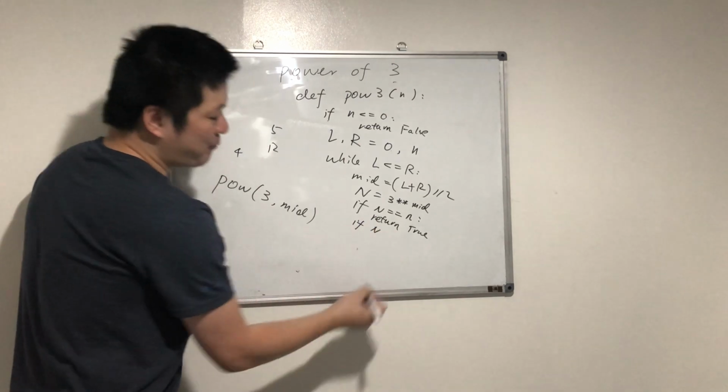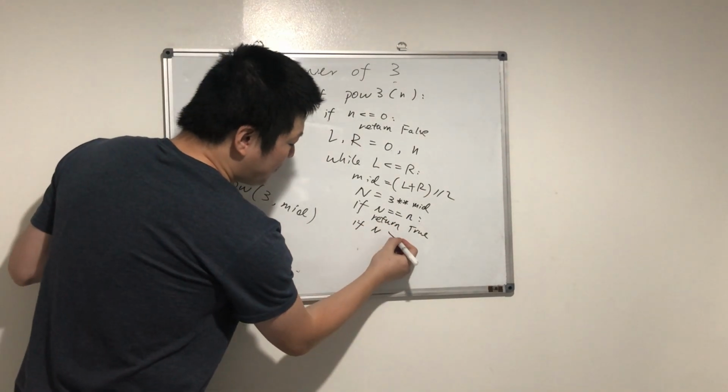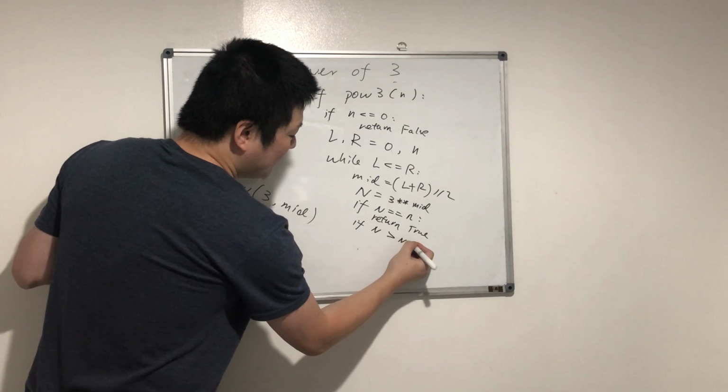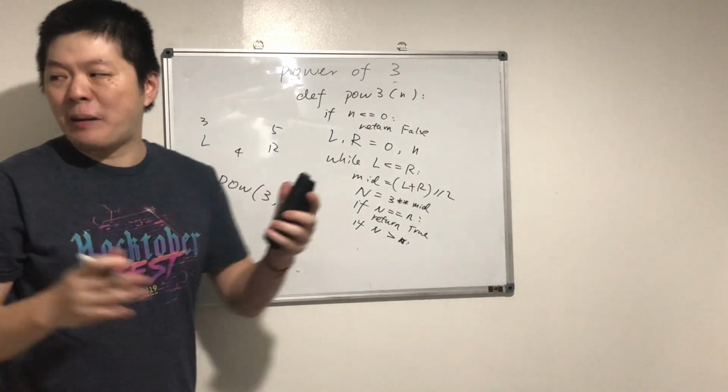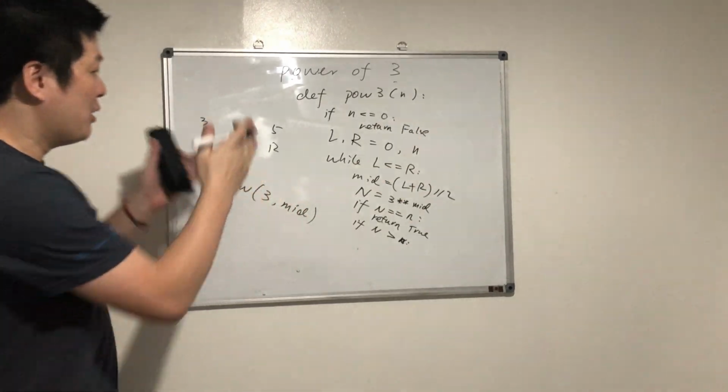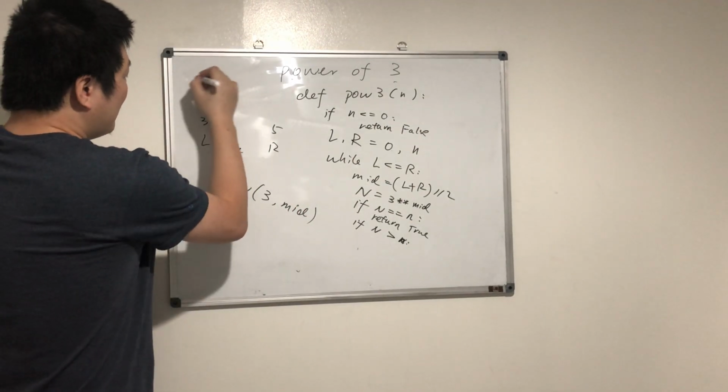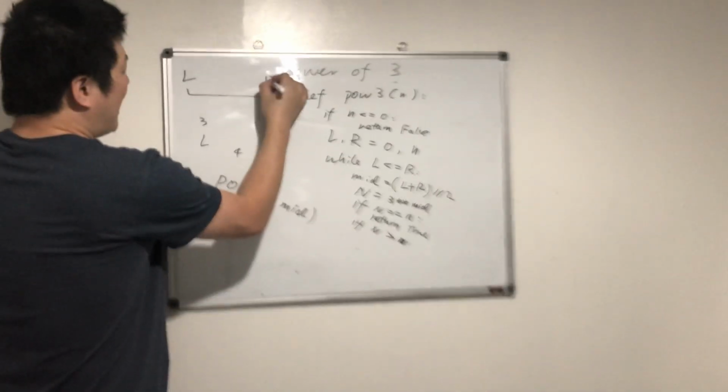If this value is bigger than n, what does it mean? Binary search, remember, this is L, this is R, and this is mid.